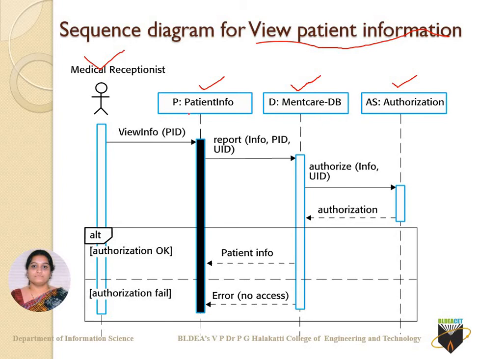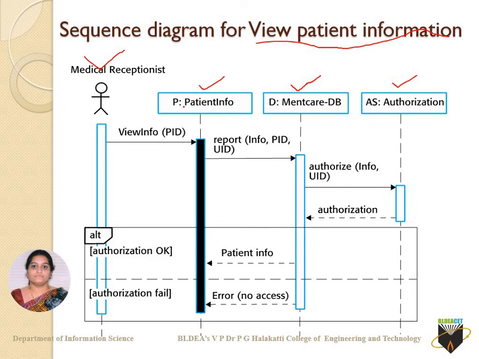What kind of patient information is being given to you? It can be the patient name, patient number, history, and all these things. To view this patient information from the Medicare database, you require an authorization. Until and unless you have an authorization, you cannot view anybody's patient information. So these are the objects included.